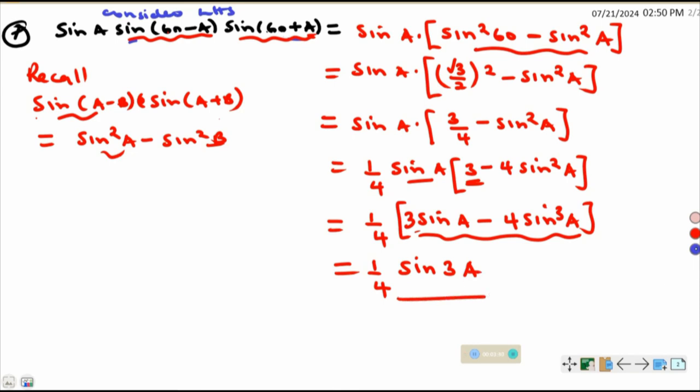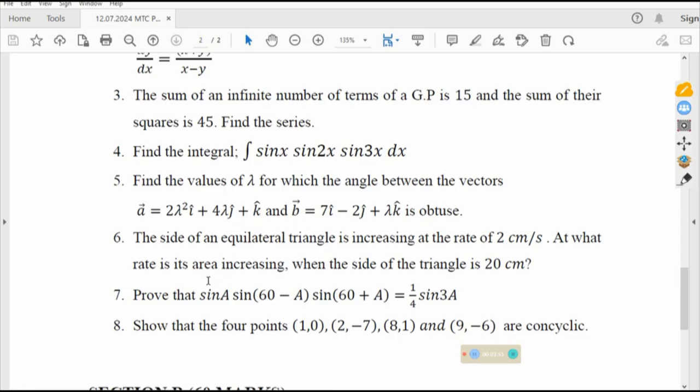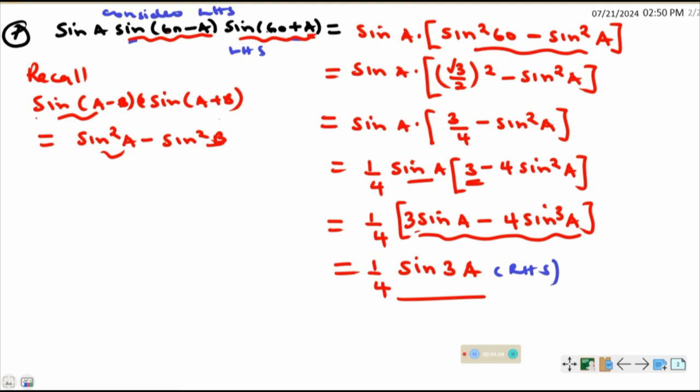So it is very true that the left hand side is giving us the right hand side as per the equation. So sine of A times sine of 60 minus A times sine of 60 plus A is equivalent to a quarter sine of 3A. And this will be the answer for question number 7.